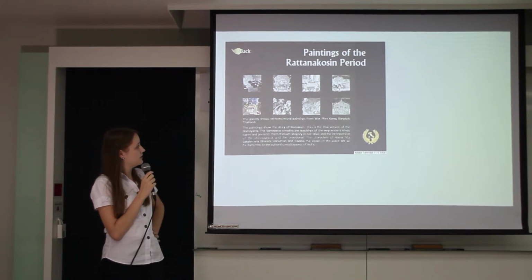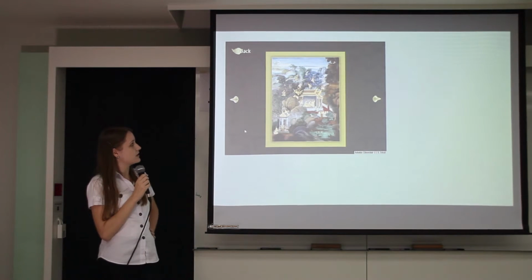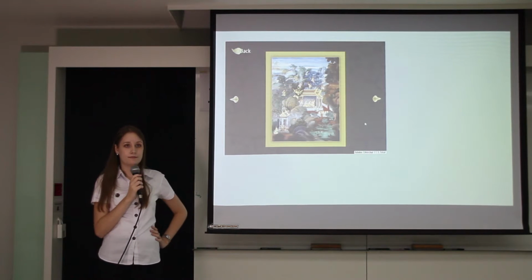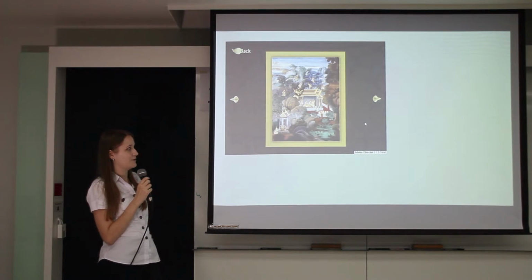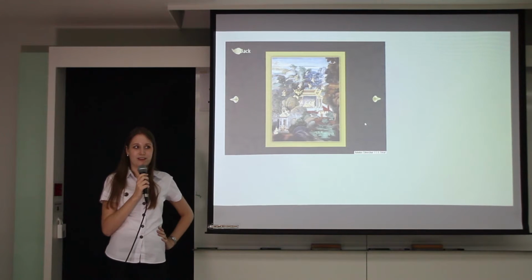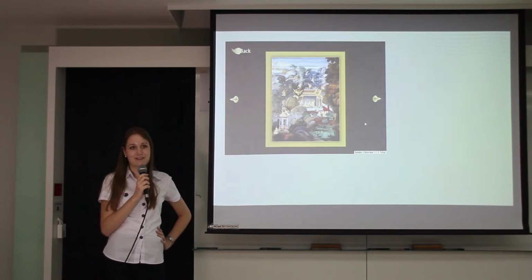Can you click on the icon? And then you see a big picture. This is why I have only a part of the Ramakien, because I saw not almost half of the Ramakien.